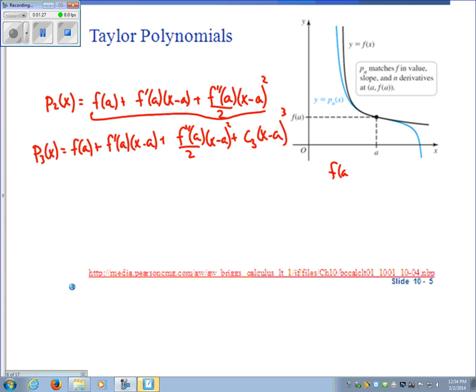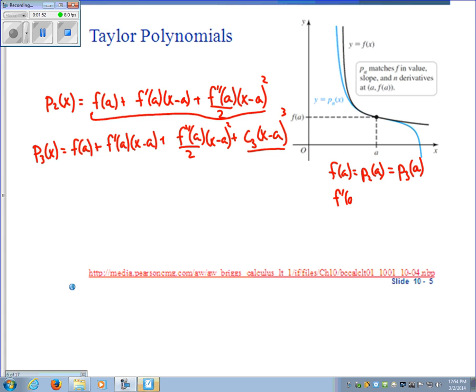So f of a was p2 of a, and it's also going to be p3 of a. The reason I can tell easily is that if I evaluate this at a, this last term, the x minus a cubed, is just going to be 0 as you plug in x equal to a. So p3 of a also agrees with the function's value.